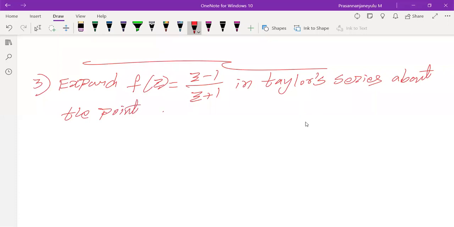In this again I am giving two things: z equals 0 and the second one is z equals 1.